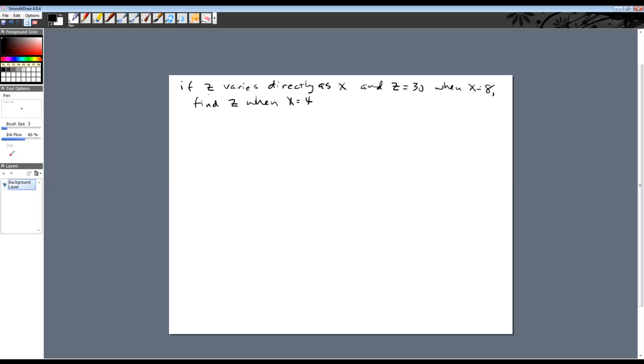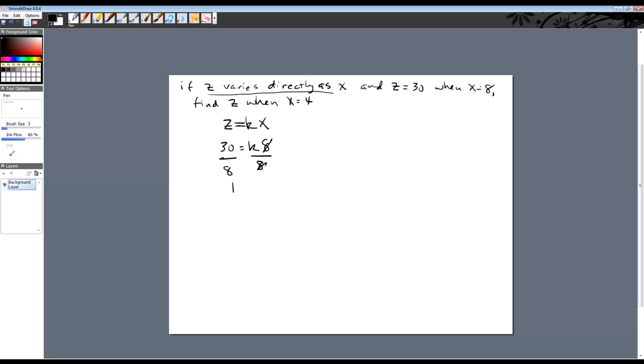So z varies directly as x. So this is telling us z equals k times x. If z is 30 when x is 8, we solve for k.